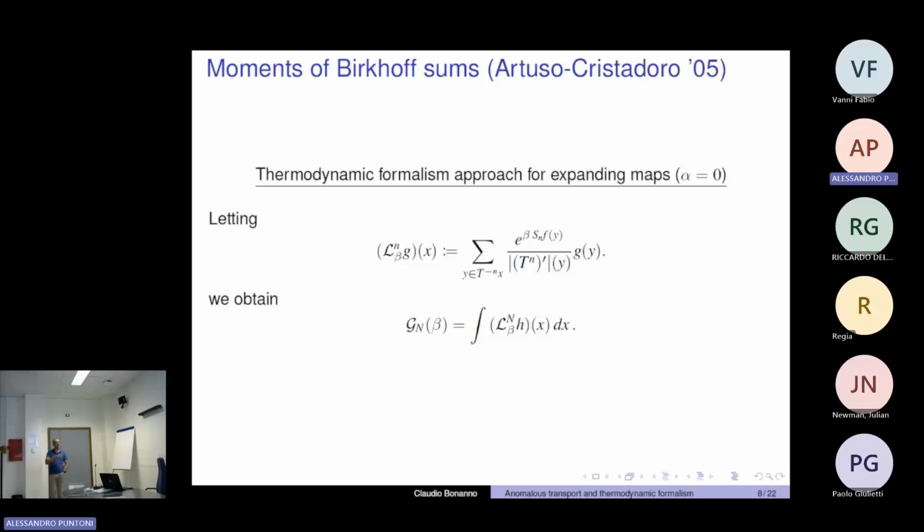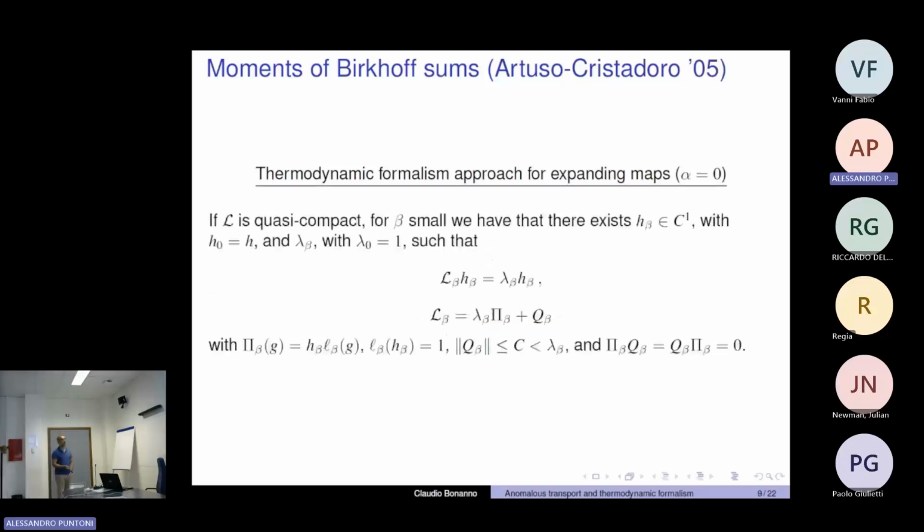And at the end, what you get is that the moment generating function can be written just by the application to the invariant density h of this operator, which depends on the parameter beta here. This is just a formal operation. And the point is that for the easy case in which alpha is equal to 0, we know a lot about these transfer operators.